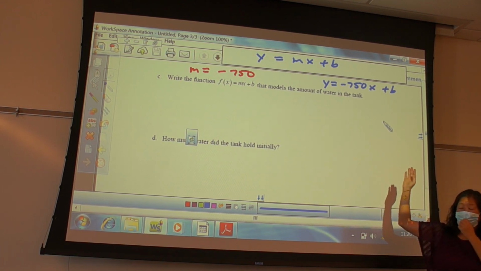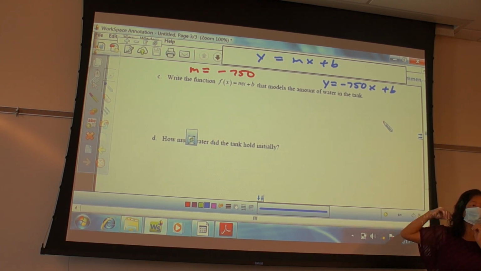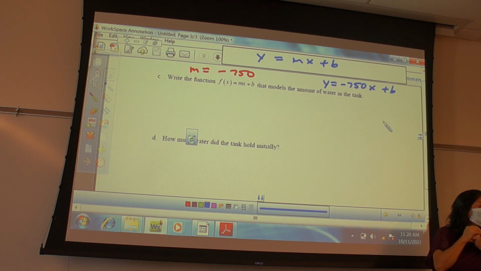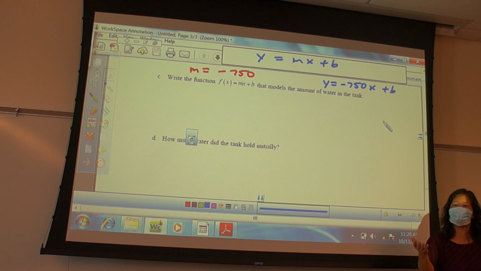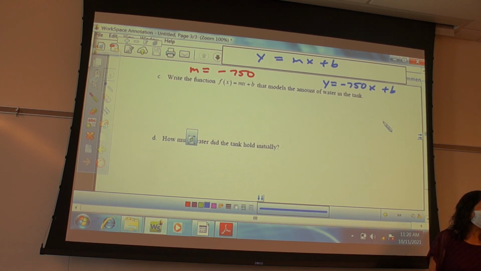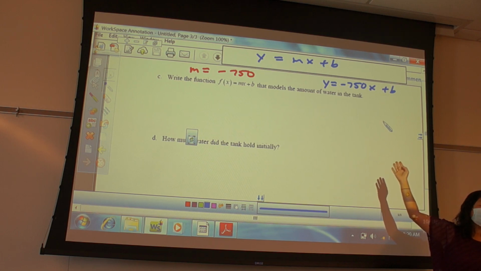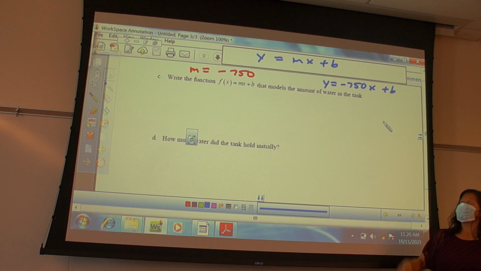Do I know a particular x and y that go together? Yes, two of them. We can use either point, 2 comma 4,500 or 5 comma 2,250, and substitute either one in for x and y, and we know this equation will be true. That will help us figure out what b is.